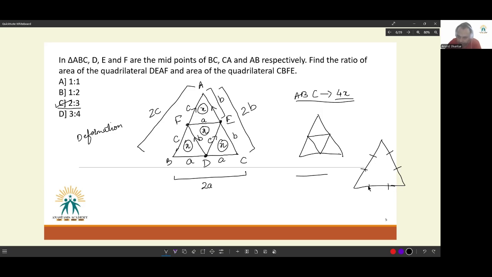Now by joining these lines, it will get divided into 9 small equilateral triangles. 1 from here, 3 from here, 5 from here. In every row, you see 1, 3, and 5. Here you're getting 1 and 3, so 4. So breaking down an equilateral triangle into an odd perfect square number of small triangles is always possible.